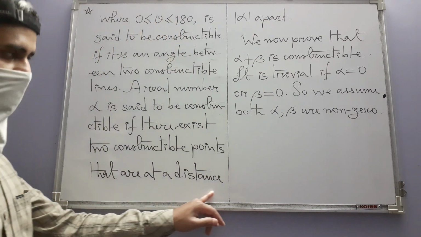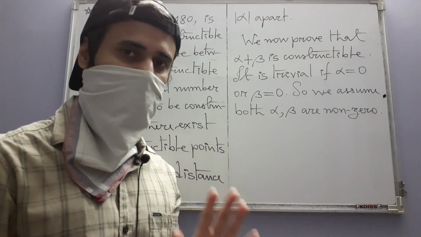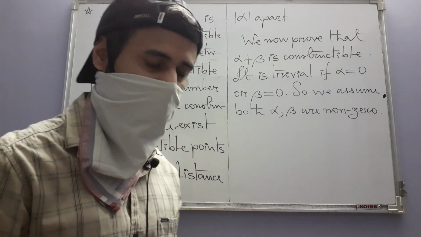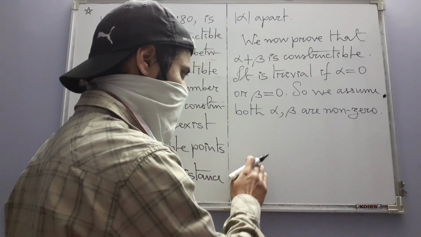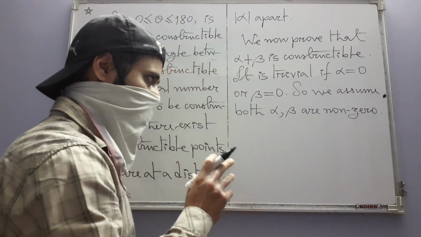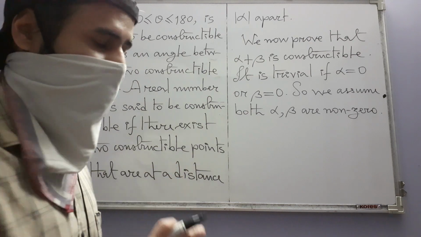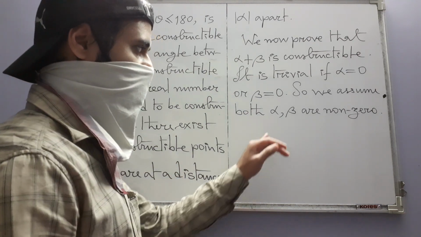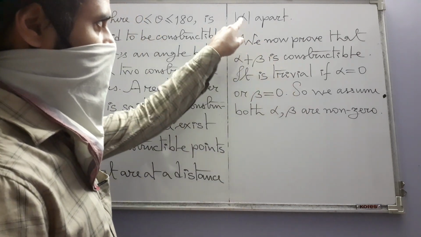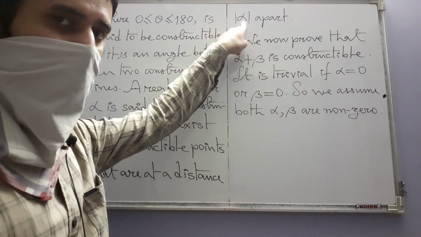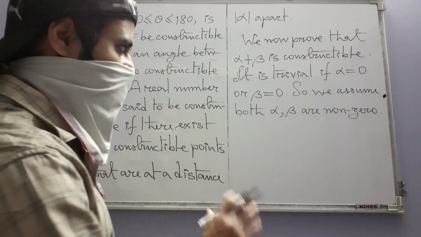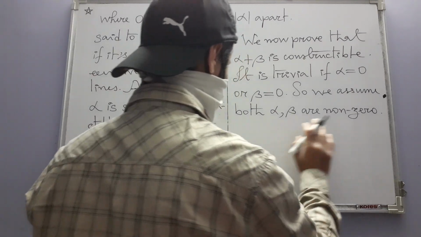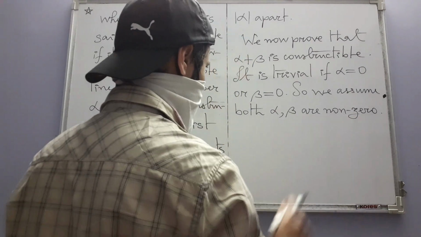Now, by this definition of constructibility, what does it mean for alpha to be constructible? It means that in the plane there are two constructible points somewhere such that the distance between them is this. That's what it means for alpha to be constructible. But there are some other things that we need to do before we go to that part.